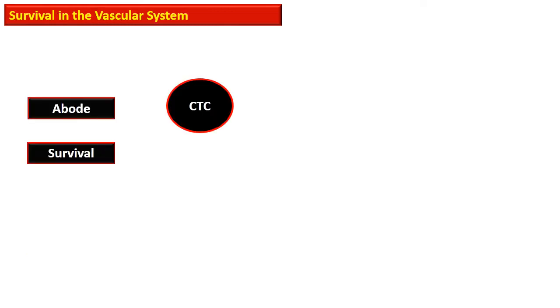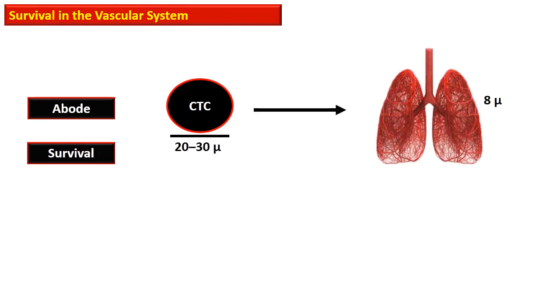Now the aim of the circulating tumor cell is to find a home and to survive in the environment. The diameter of this circulating tumor cell is about 20 to 30 micron.